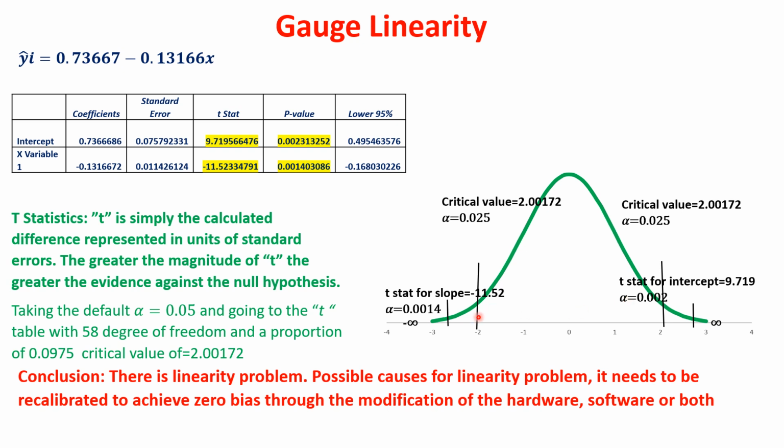Similarly for this minus 11, that is the slope, it is lying in the rejection zone. So my null hypothesis is rejected. So the instrument needs to be repaired and recalibrated, as linearity is an issue. Some causes are there which are to be removed, which are to be repaired, and this is how this linearity test is to be conducted and the calculation is to be made.